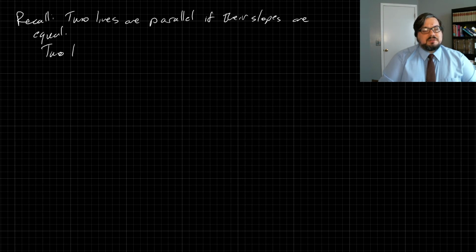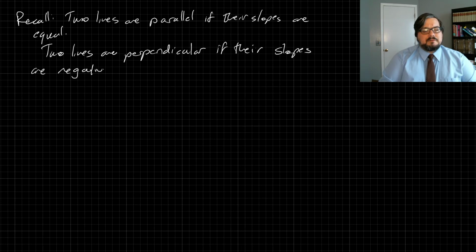Two lines are perpendicular if their slopes are negative reciprocals.